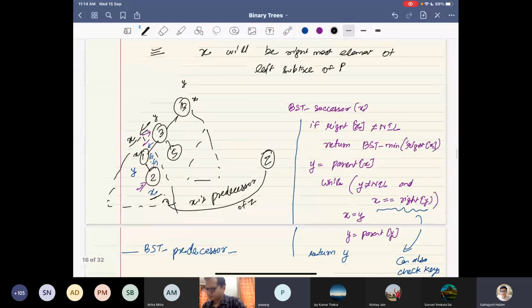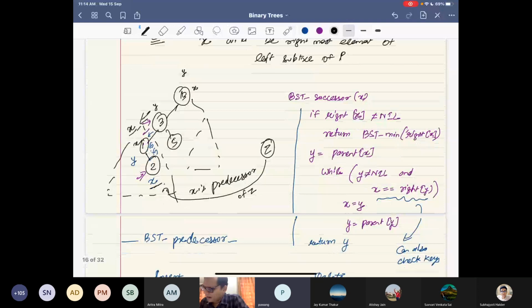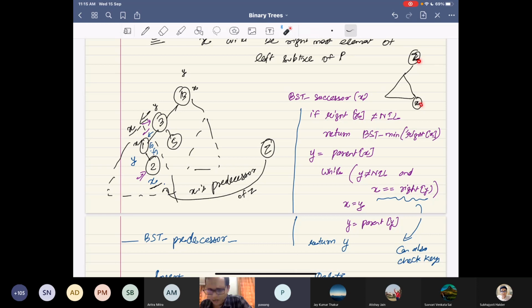Yes. So I have y, or whatever, call it z, and then I have its left subtree, and that is where I have x. x is the predecessor of z, and z is the successor of x. I have to find it. So I keep on going up, up, up.